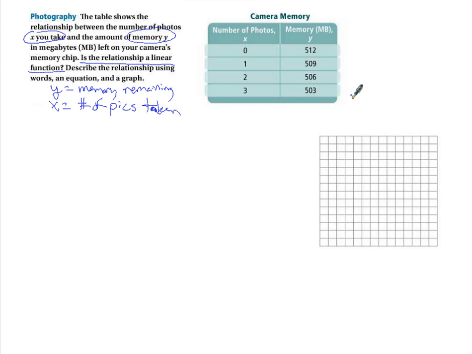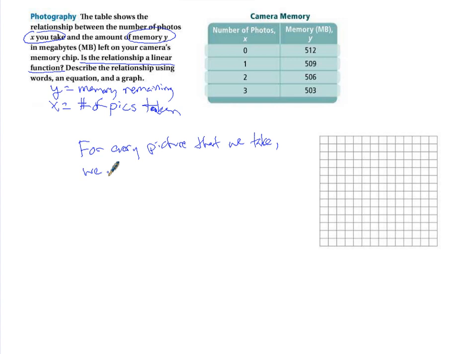So how can I say in words what's going on? I like that. Let's stop there. For every picture that we take, what happens? So we lose 3 megabytes. So instead of we lose 3 megabytes, we decrease by.